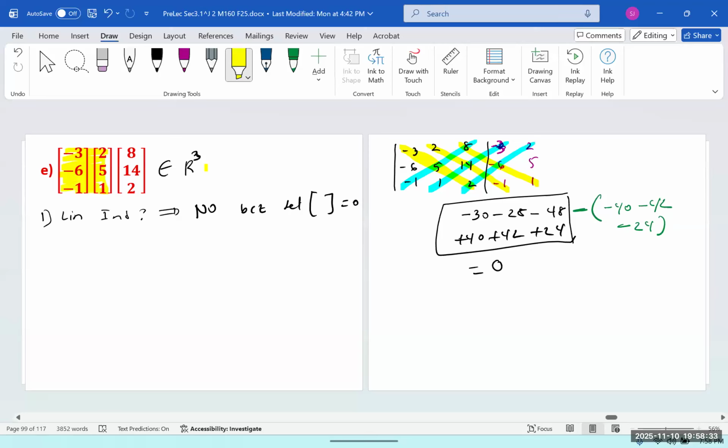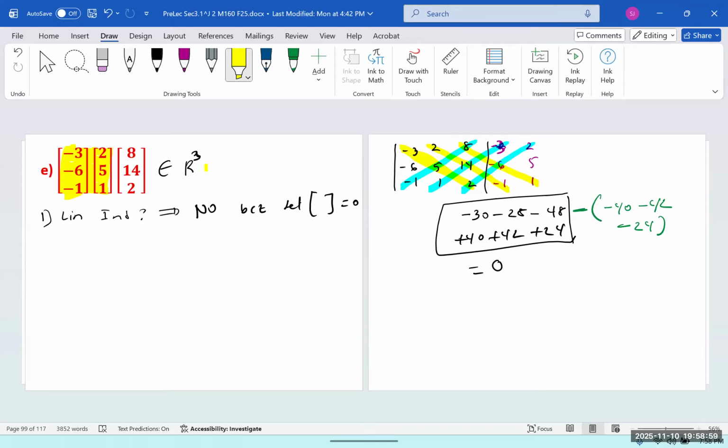If you take any two vectors, are they multiples of one another? If you have only two vectors you're looking at, your life is easy. All you have to do is check whether one of them is a multiple of the other or not.